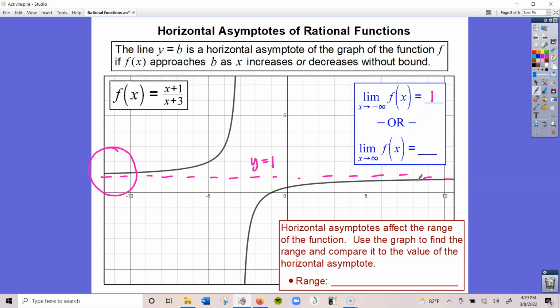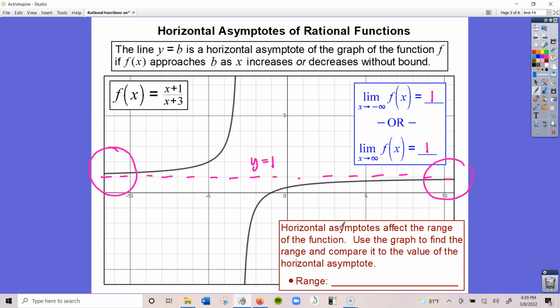And it's the same thing for the limit as x approaches positive infinity. My graph is leveling out here at y is equal to 1. It's trying to get to 1. So this is basically a proof of horizontal asymptotes. If your end behavior limits equal a particular number, then we have a horizontal asymptote at that particular number.